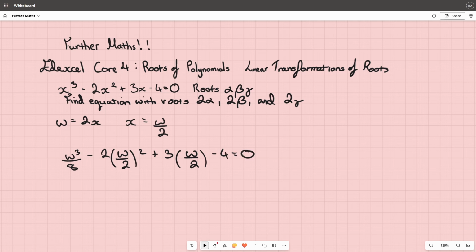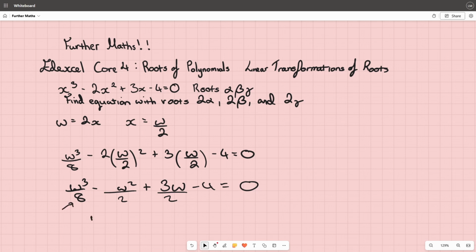So this means we have w cubed over 8 minus 2w squared over 4, or w squared over 2, add 3w over 2 minus 4 equals 0. And we always want the final answer to be all in integers. So we have to then multiply it through by the biggest denominator. So in this case, it's 8. We have to multiply it through by 8.